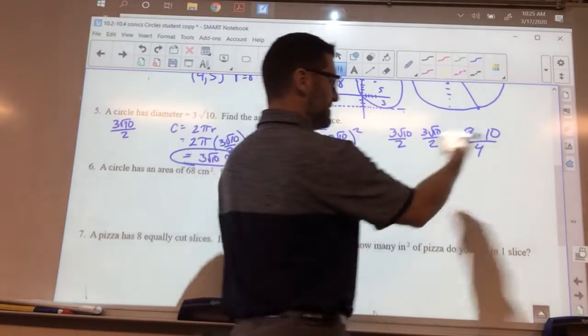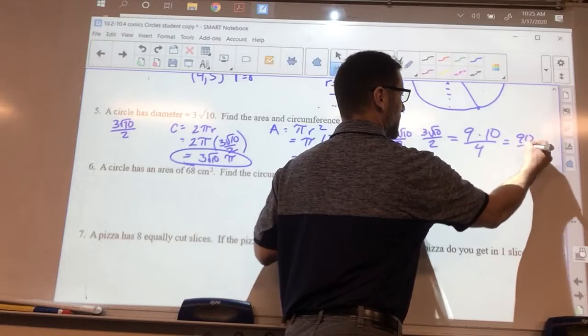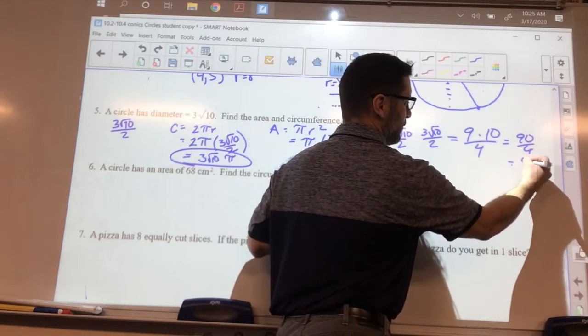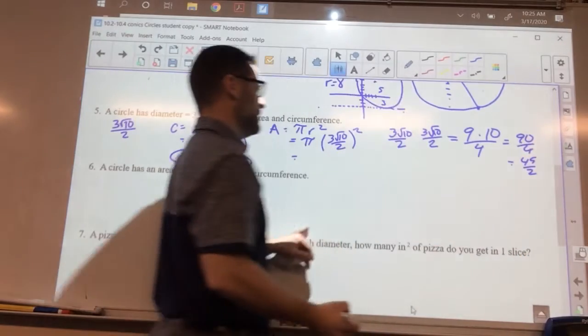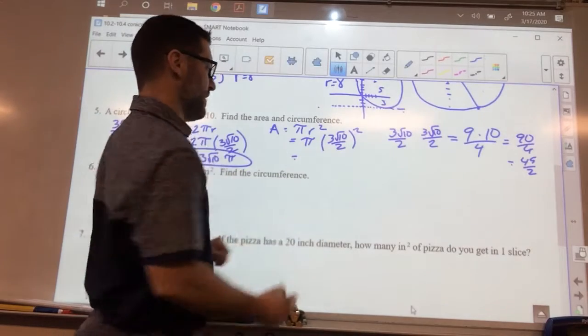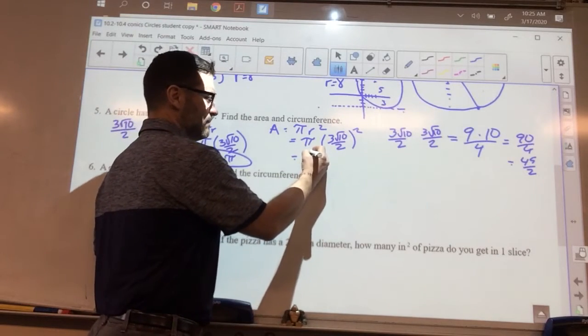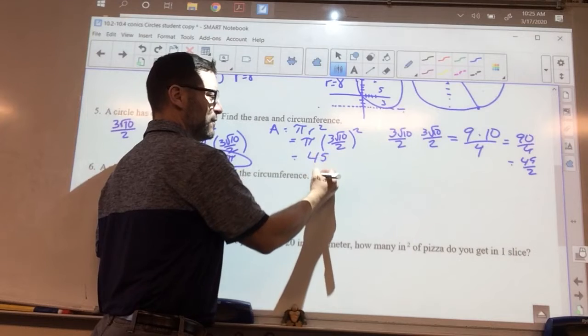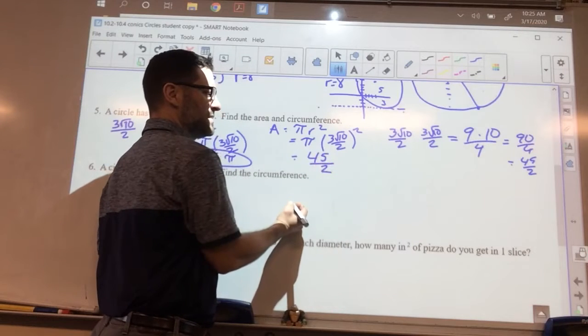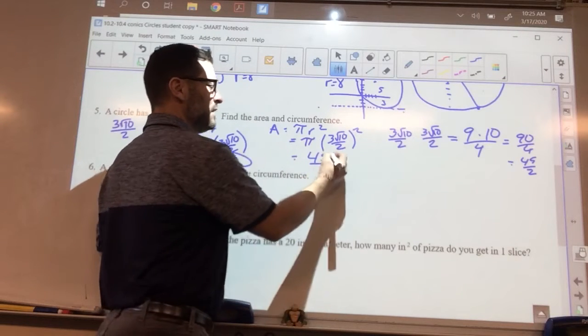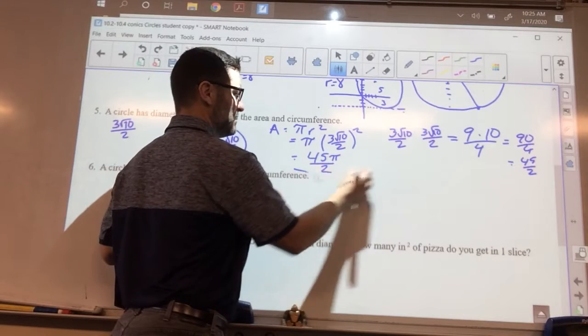That's the value, so that's 90 over 4. I guess I could pull the 2 out and get 45 over 2. It looks like that value is 45 over 2. So on a standardized test, it'd say 45 over 2 times the pi value. So it'd be 45 pi over 2.